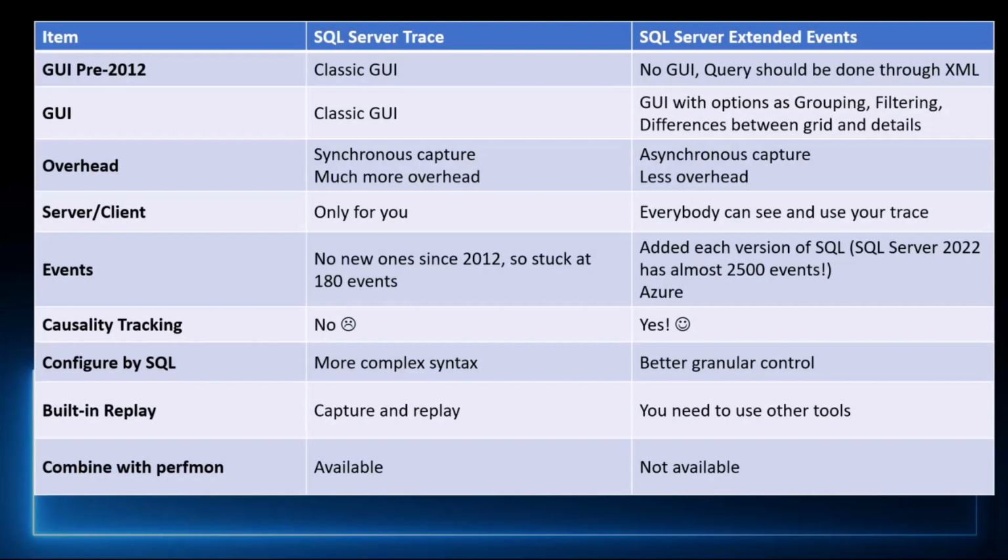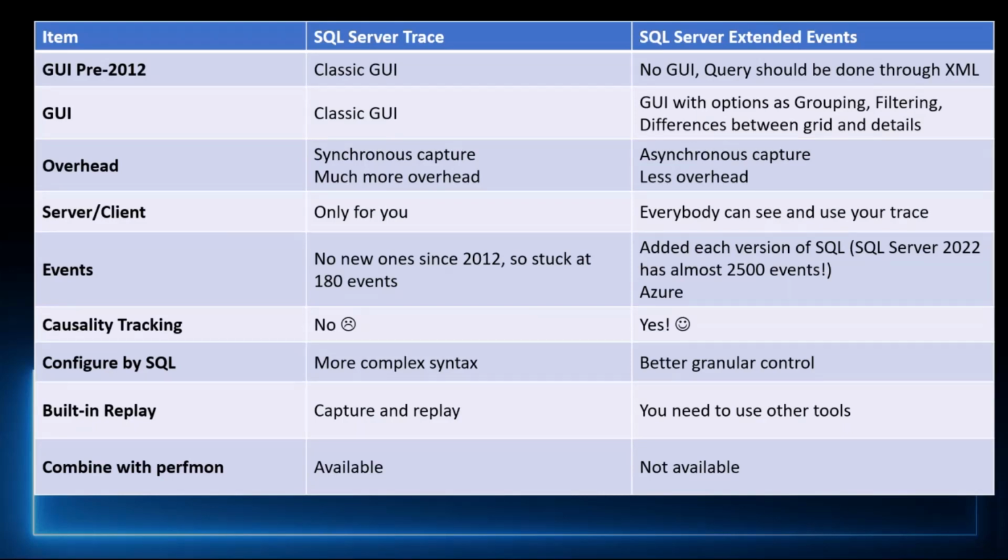Let's have a small look at extended events versus the profiler. And after that, let's set up an extended event and look into the data. So here I have a small list of differences. Perhaps there are more. And some are pretty nice. For example, I've added the GUI twice because before 2012, there wasn't a GUI anyway.